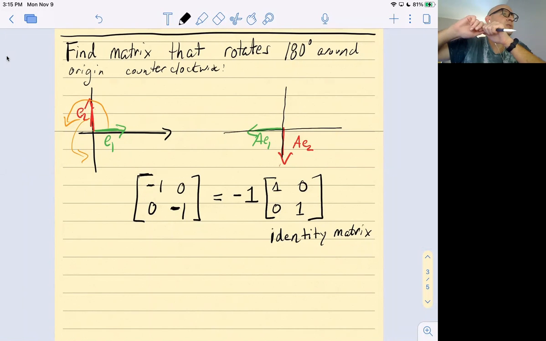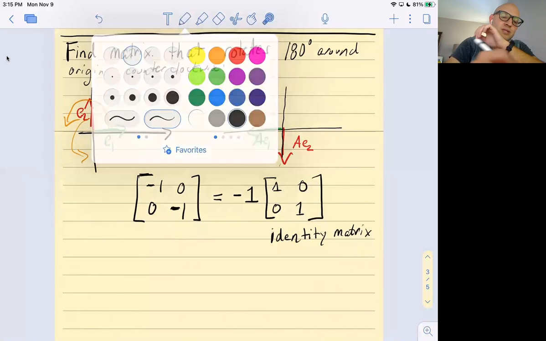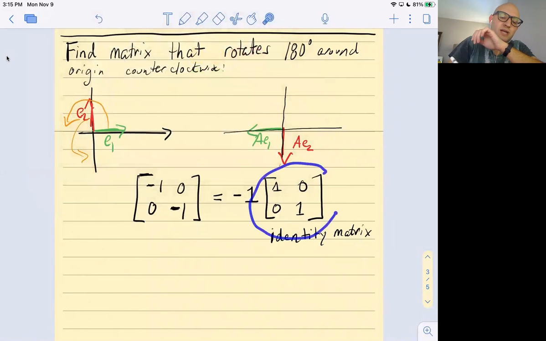So this shape is called the identity matrix. And let's think about what it does. It's really nice. What does this matrix do to E1? In other words, where does it send E1 to? What's the first column in this matrix?